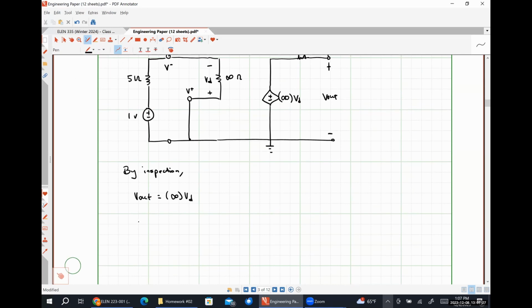We could rearrange that to find that VD is just V out divided by infinity, or 0 volts. So in the case of an ideal amplifier circuit, our differential voltage will always be 0 volts. This is our voltage constraint relationship.